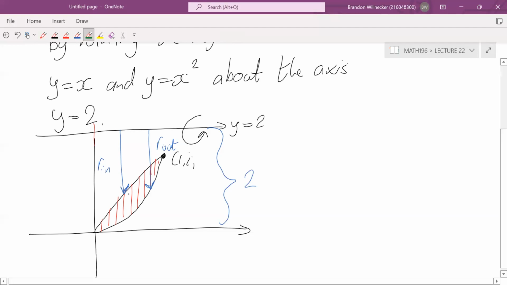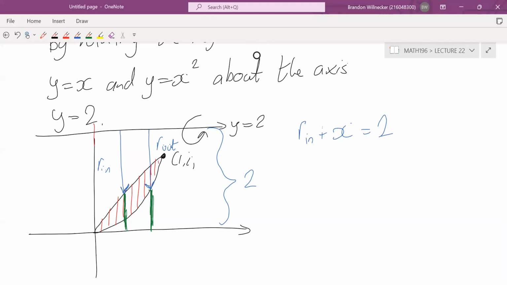Okay, so if we can find the leftover distance, these two distances in green, then we can find what that distance in blue is. In other words, we just do this on the side: r in plus x is equal to 2. Because we know that r in goes to the line y equals x, so that green distance there must be x.